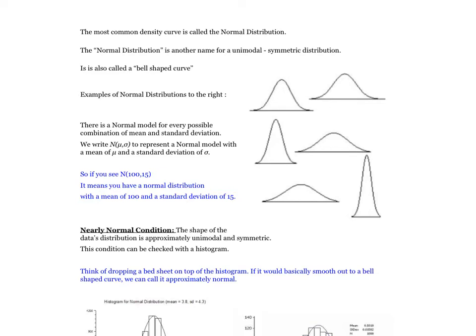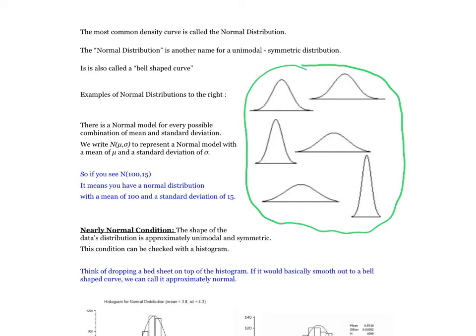We were introduced to these curves, if you remember back in the Jamboard we did, to match the description of the data to the curve, and one of them was this bell-shaped curve. So if you look to the right, these are all bell-shaped curves. Notice they're not all the same. Some are really tall and narrow, and some are really wide and short. But all of those make the shape of a bell. So those would be all examples of a normal distribution.